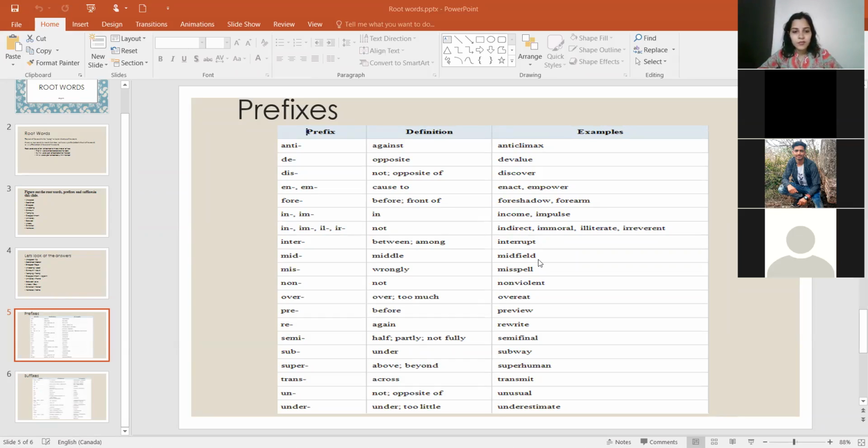Prequel, pre-boards. Precious is again a word in itself, right? Pre-primary is correct. Prejudice is a word in itself. Pretend is also a word in itself, right? Pre is not a prefix here.